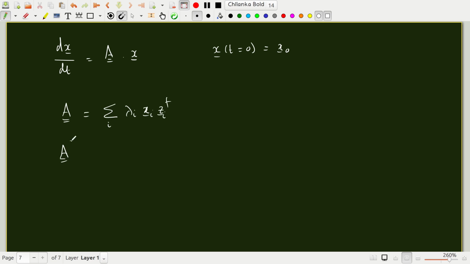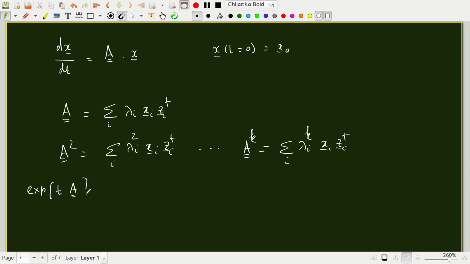Now A squared is A into A, so A x_i is lambda x_i, so this becomes sum of lambda_i squared x_i z_i dagger. Similarly, A to the power of any positive integer k is sum of lambda_i to the k times x_i z_i dagger. So if I have a function of A, you can Taylor expand it just like you Taylor expand a real variable. So the exponential of a matrix, say tA, is the sum over k from 0 to infinity of (tA) to the k divided by k factorial.